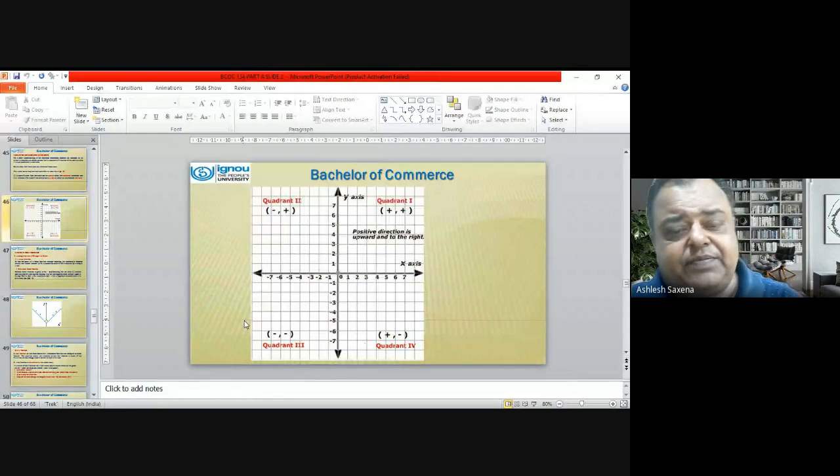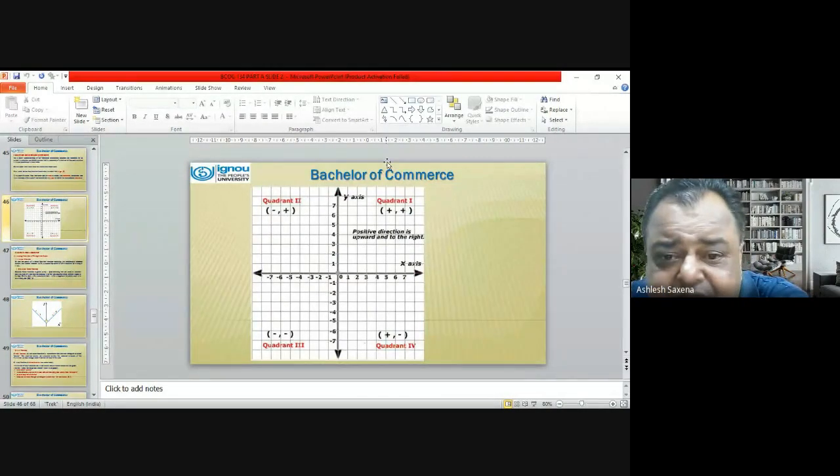Here you can see. On the right side, this is the first quadrant. Here both x as well as y are positive. When we move to the second quadrant, on the left part of this, here x is minus and y is plus.